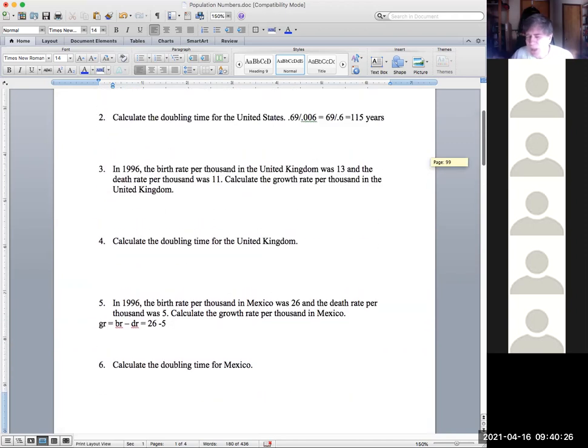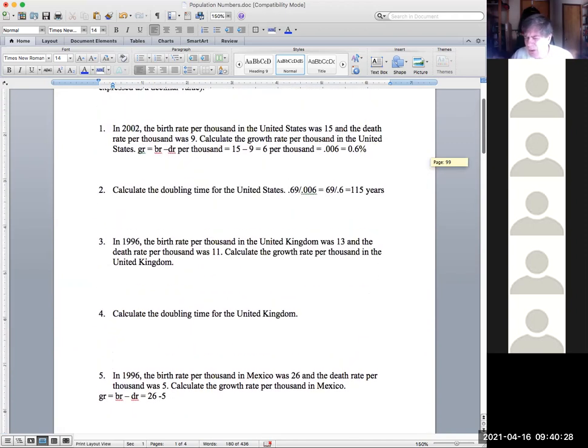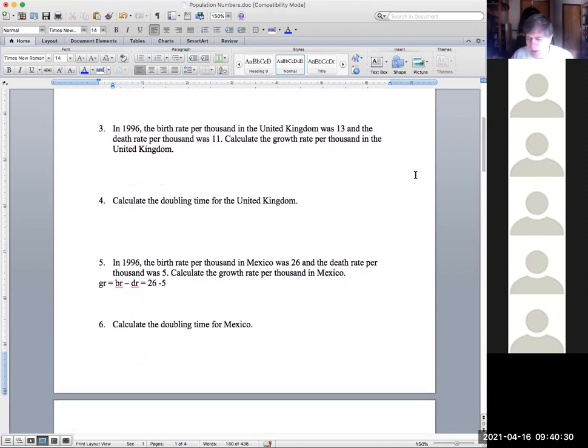Now notice that the death rate in Mexico is lower than the death rate in the United States. And sometimes you have to be careful how you think about these numbers. You might think this means that Mexico has a much better healthcare system, and they might, but this doesn't really prove that. The reason this doesn't prove that is, think about those age pyramids.